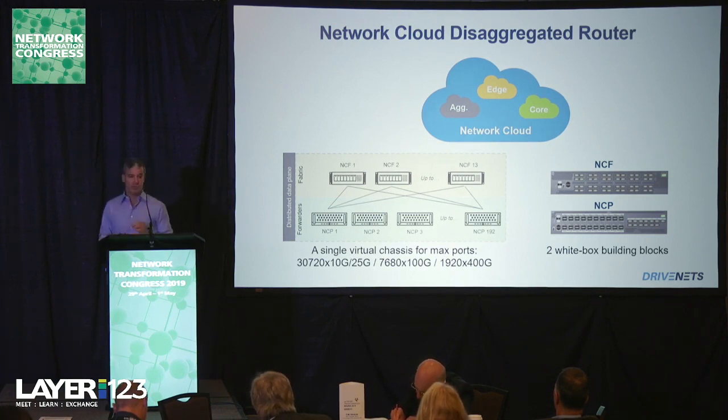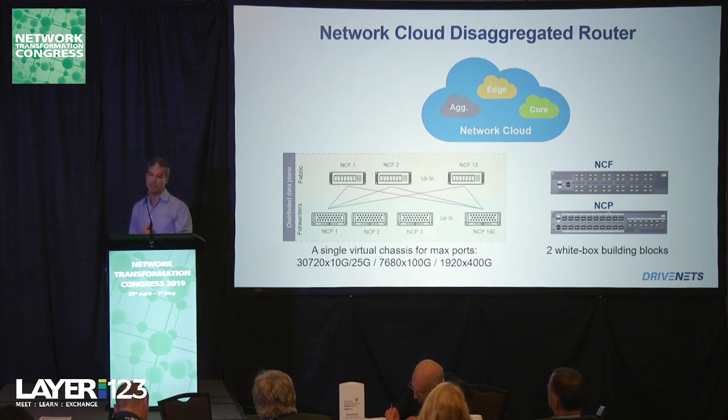And when we developed the routing features, they were almost written from scratch in order to run on a cluster over a multi-box solution. So it is a combination of the white boxes, of the control plane, and the services.